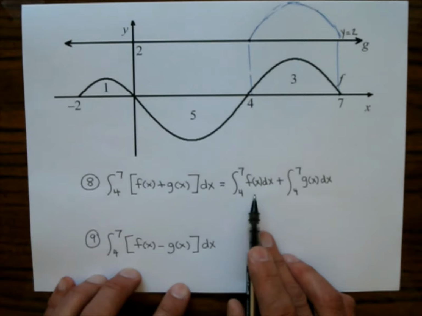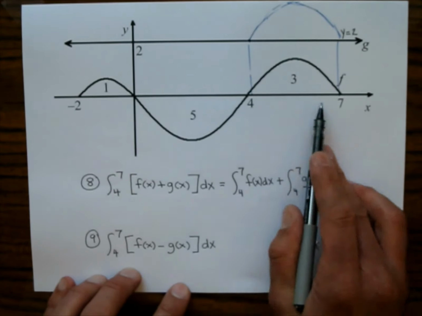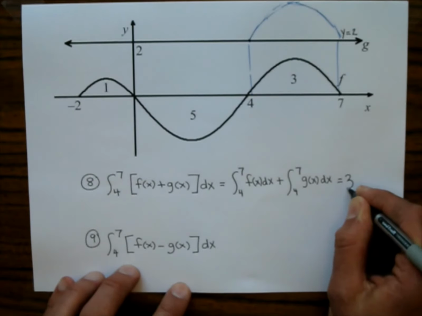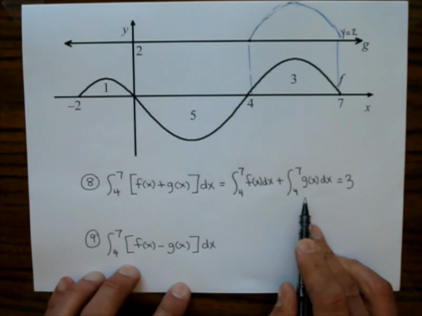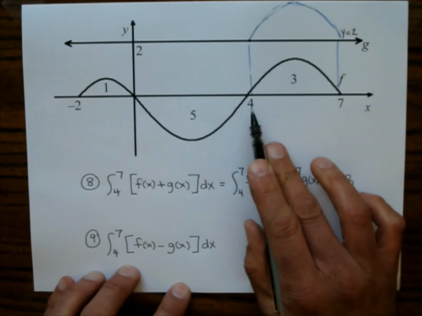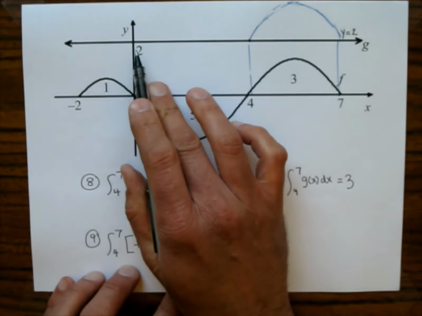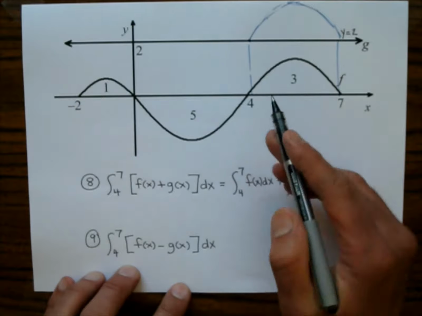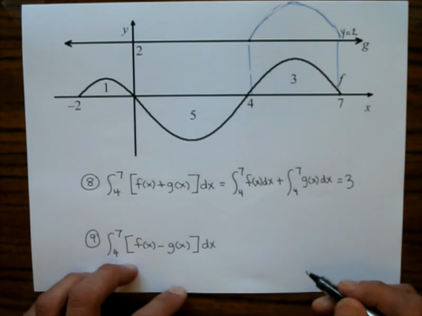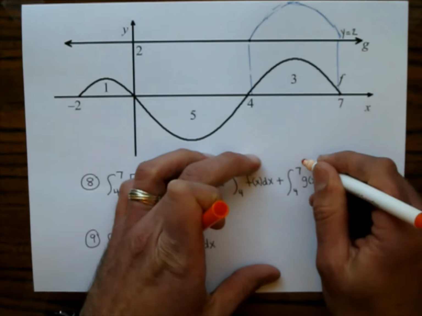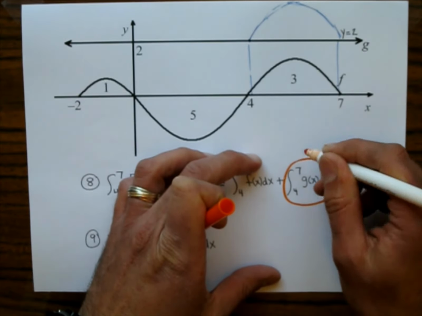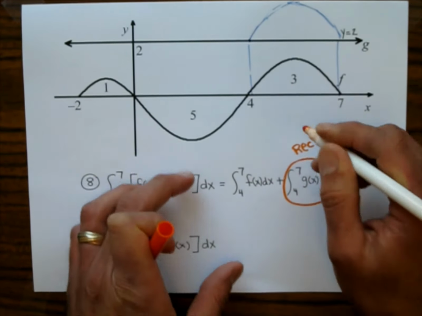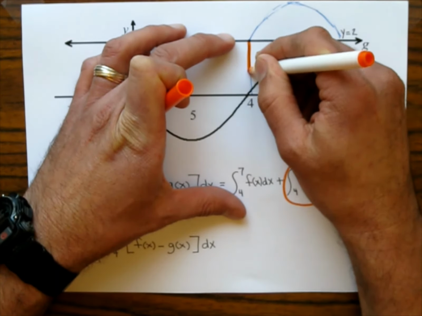What is the net area from 4 to 7 of f? Well, it's 3. This one might be trickier for some people, but I don't think it's that tricky. The scaling on the y-axis might be different from the scaling on the x-axis. But look what you have here. The net area, this guy right here, is a rectangle. It's this rectangle right here.